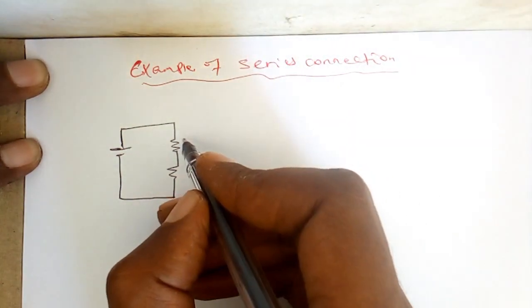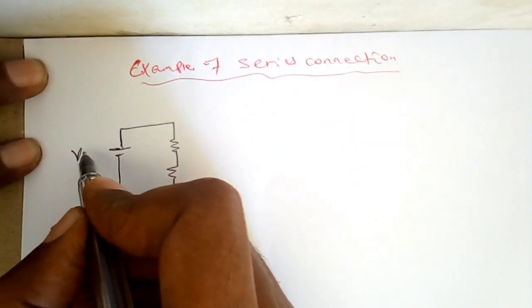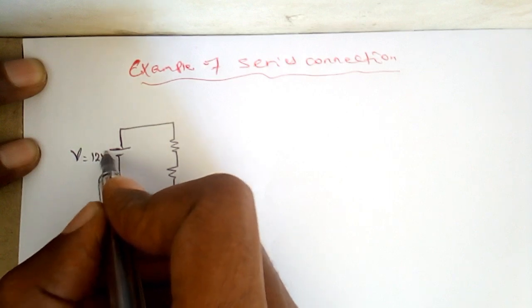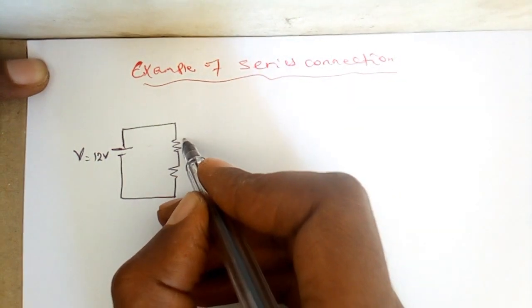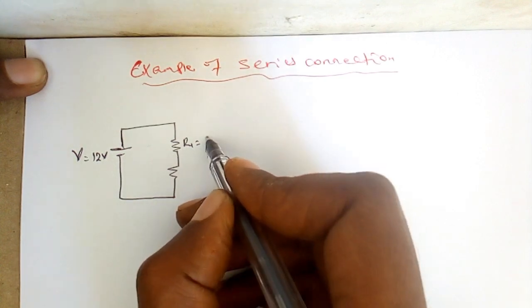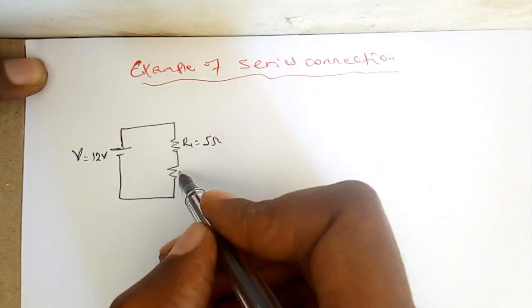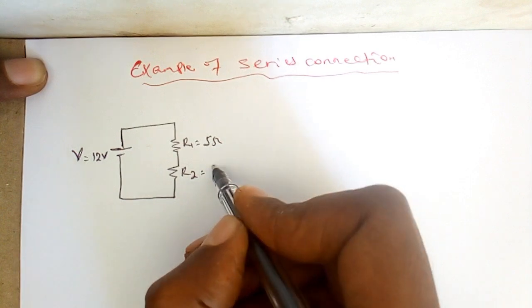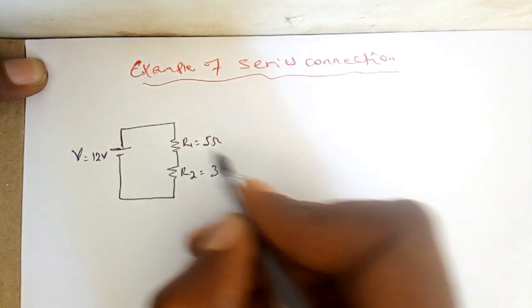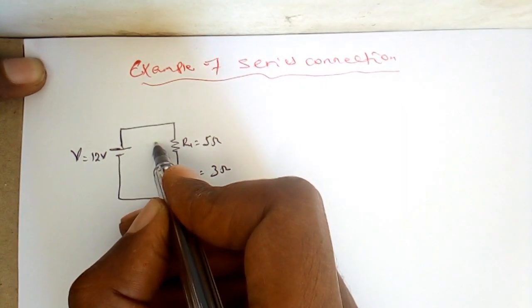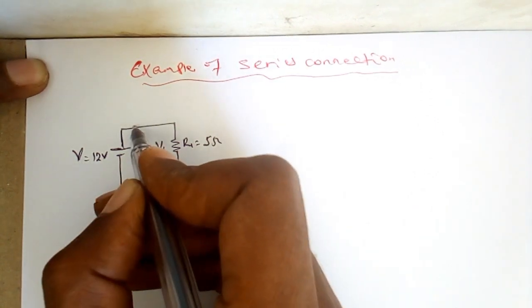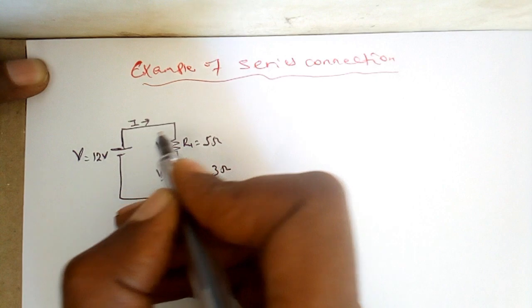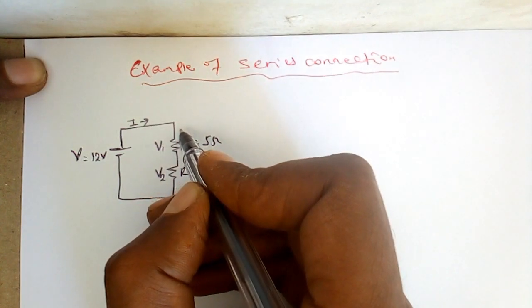This circuit is a series circuit with a voltage of 12 volt, and the load R1 is equal to 5 ohm and R2 is equal to 3 ohm, and here is V1 and here is V2 and here is also the current.